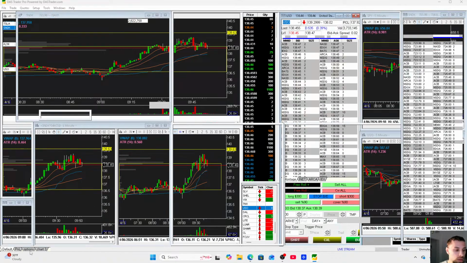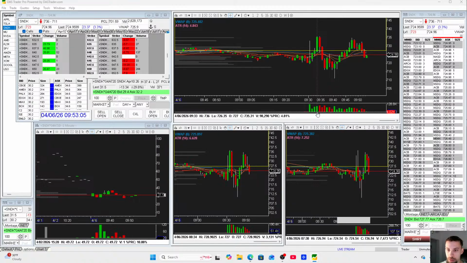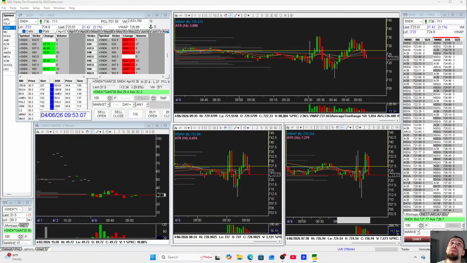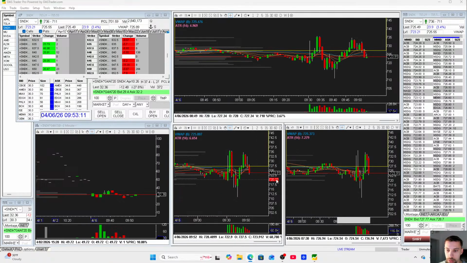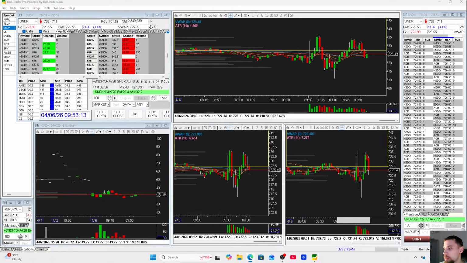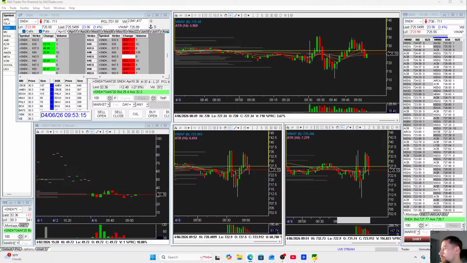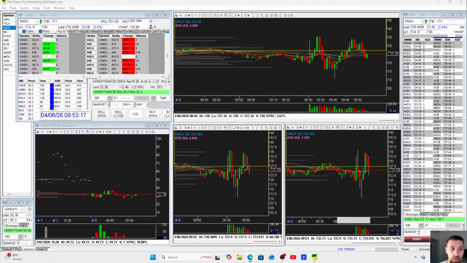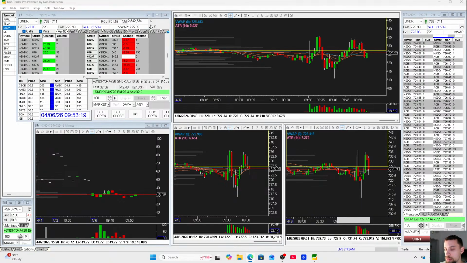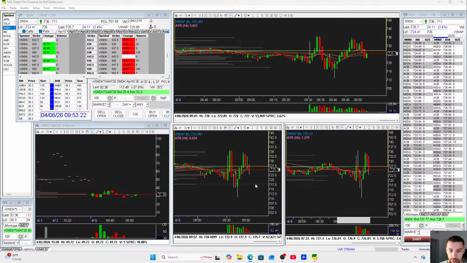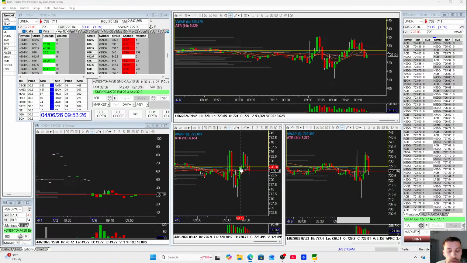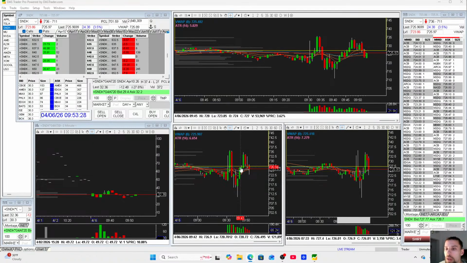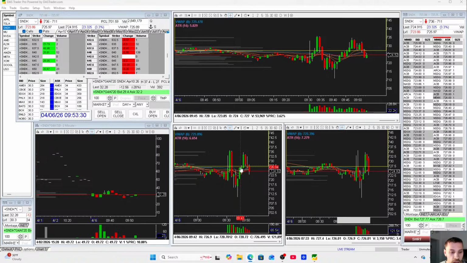AMD sideways. SNDK looks weak. Sort of just floating in this range though. Just watch it.